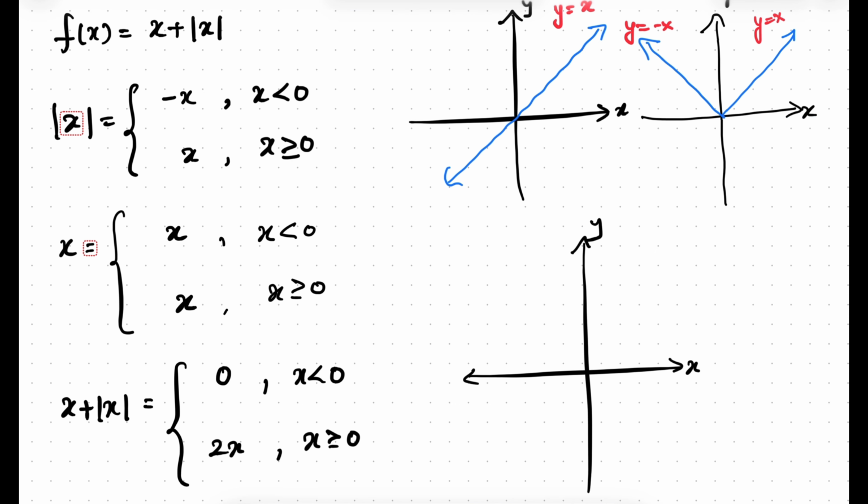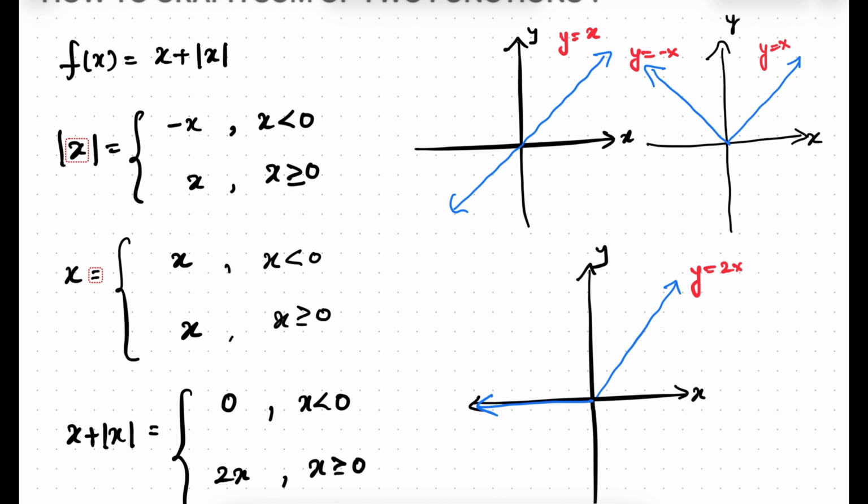The function is going to look something like this: when x is non-negative, it is going to be 2x, so this is y equals 2x. And when x is less than 0, it is going to be 0. So it is going to look something like this. So this is your function.